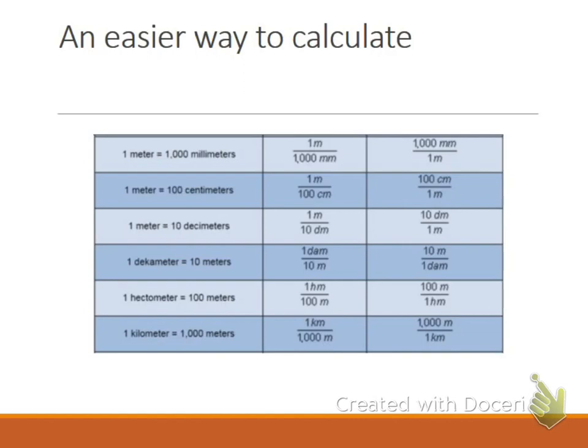So if we know that there are 1,000 millimeters in a meter, like in this first one, I can either write that as 1 meter over 1,000 millimeters, or I could write it as 1,000 millimeters over 1 meter, because they are equivalent. Do you understand that? Just like 12 inches is equivalent to 1 foot, or 1 foot is equivalent to 12 inches, right? Doesn't matter which way I say it, they're still equivalent. Okay, so we're going to use them as conversion factors throughout this whole year.